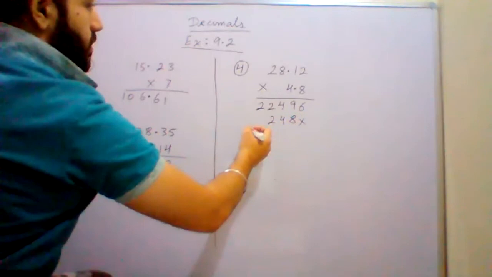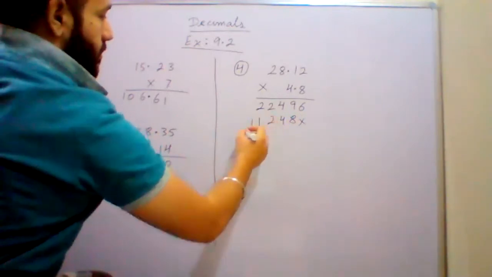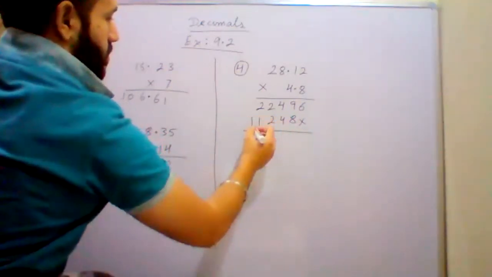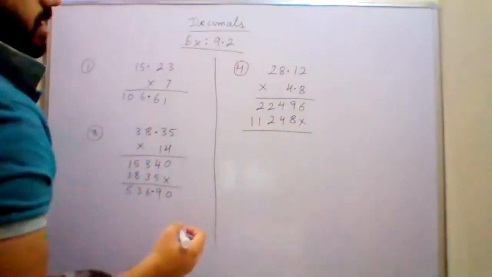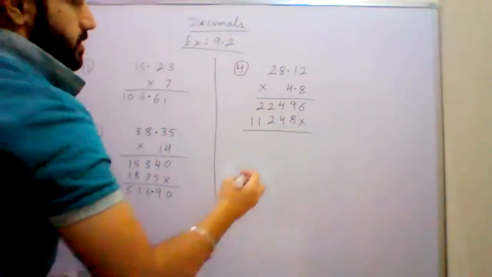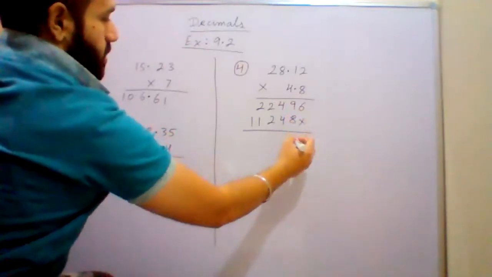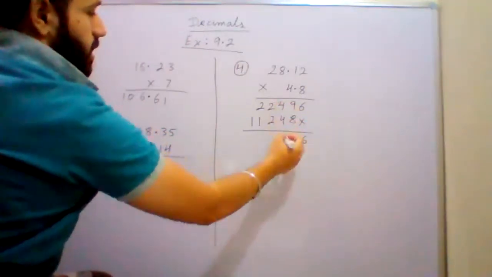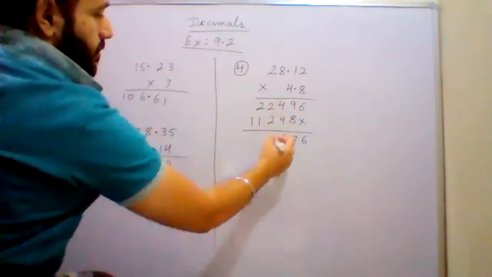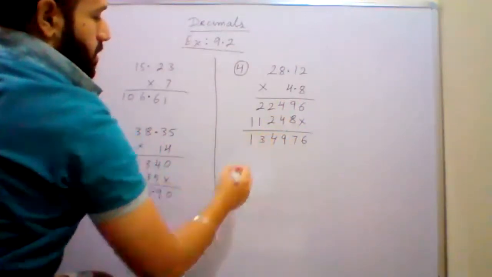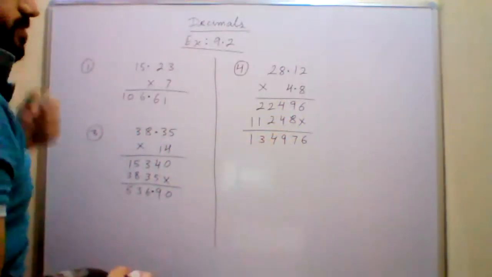Sir, some changes are there in this multiplication, otherwise it's fully same. Now adding. 6. 9 plus 8, 17. And carried 9, 4, 3, 1. So this is the product. Now what?